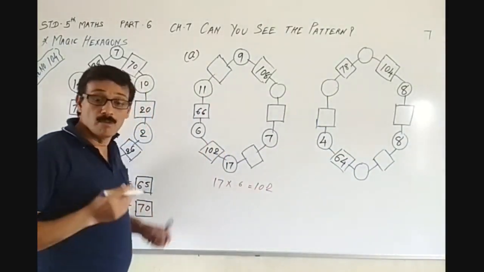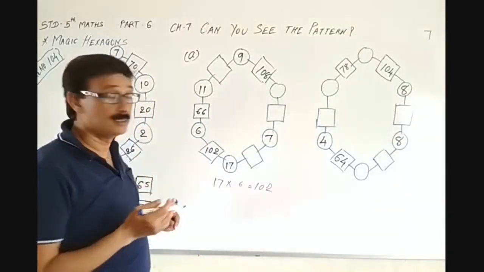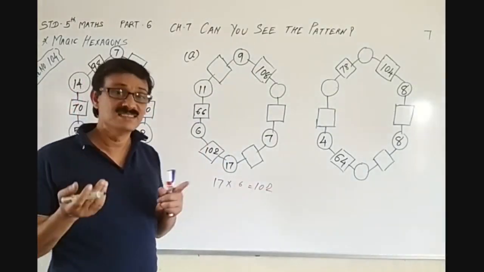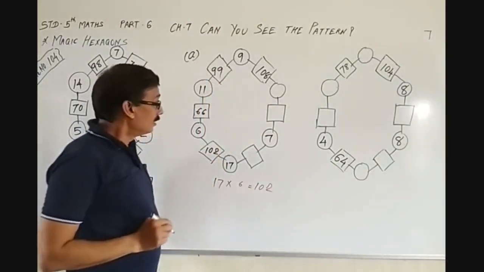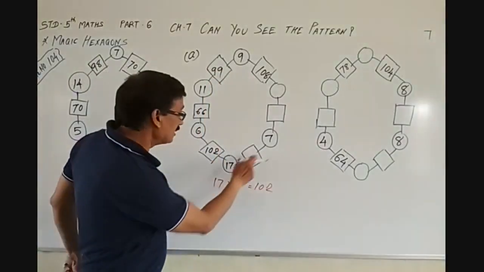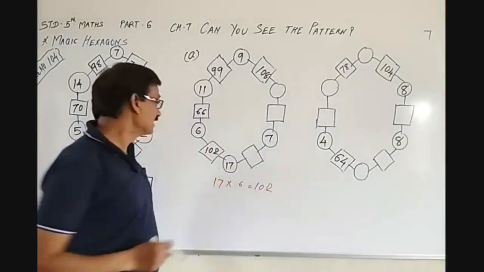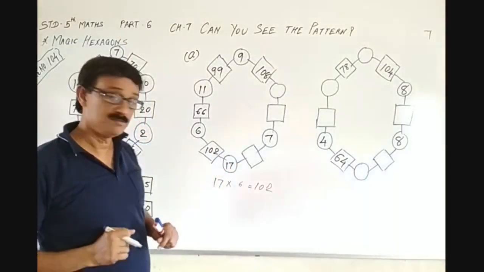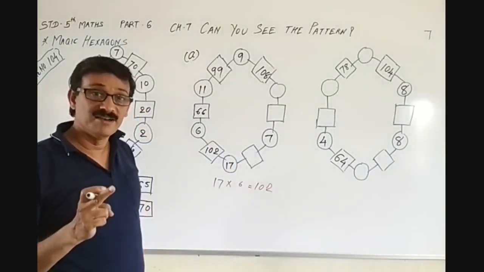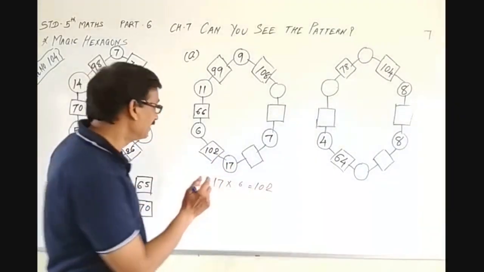So multiply 11 by 9. The answer will be, 11 nines are 99, isn't it? Now here you can see 17 and 7 are there, isn't it? So 17 sevens are 119. Yes, 119.